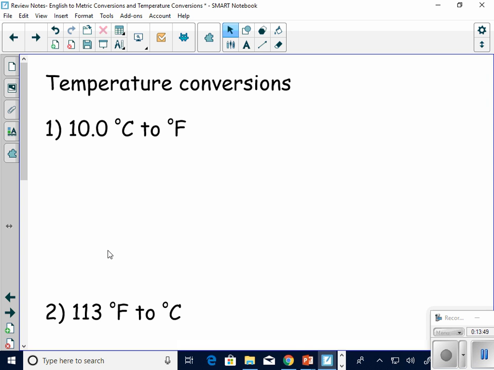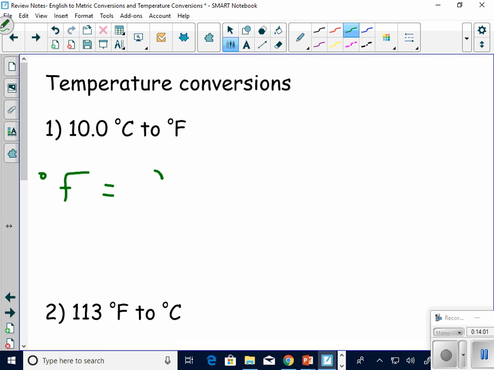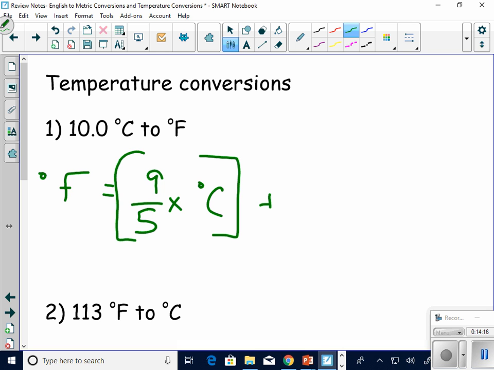As I look at my first one, to go from Celsius to Fahrenheit, degrees Fahrenheit is equal to 9/5 times degrees Celsius. I'm going to put that in parentheses, put it in brackets, so I make sure I do that first. And then I'm going to add 32 to it.